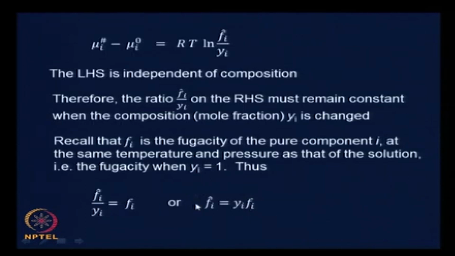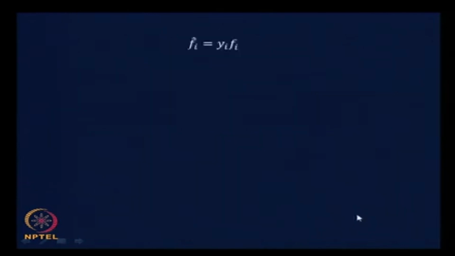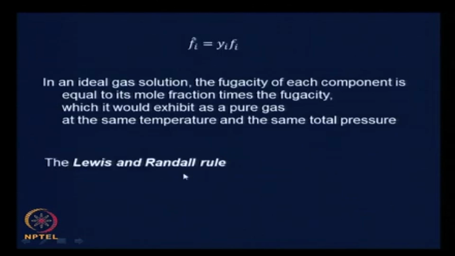Therefore, there was a way of estimating f_i hat by this expression, and this was actually called the Lewis and Randall rule. This of course is valid only for an ideal solution.